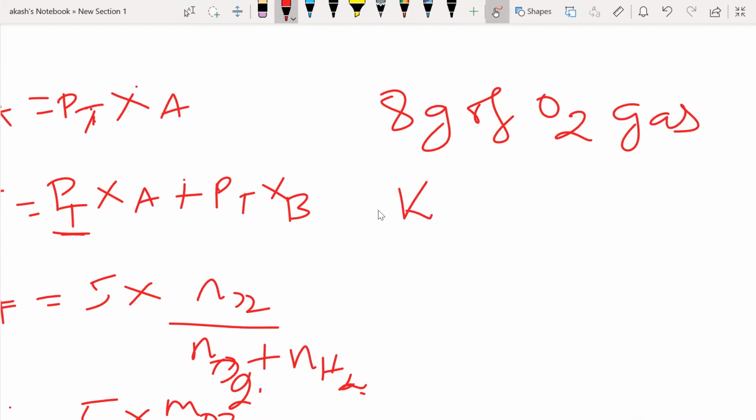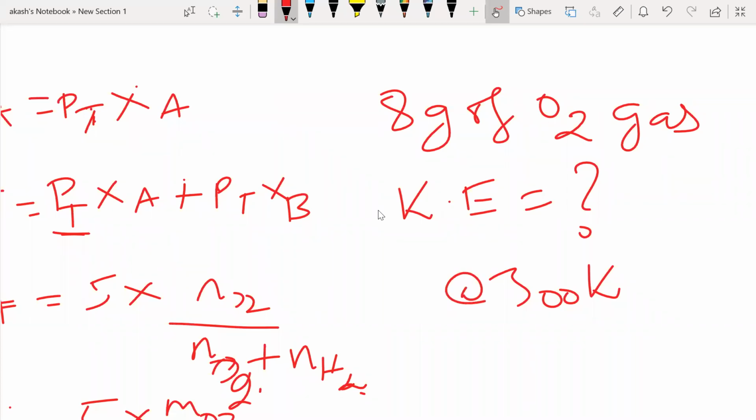I want to know what is the kinetic energy of this at 300 Kelvin. I have 8 grams of oxygen gas, and I'm asking you, what is the kinetic energy of this 8 grams of oxygen gas at 300 Kelvin?